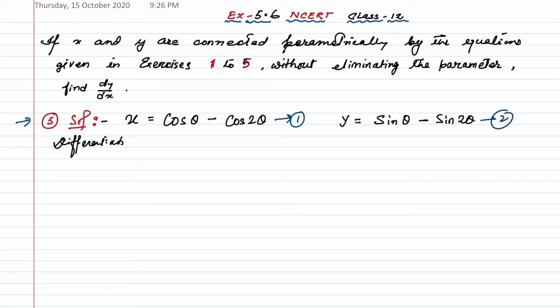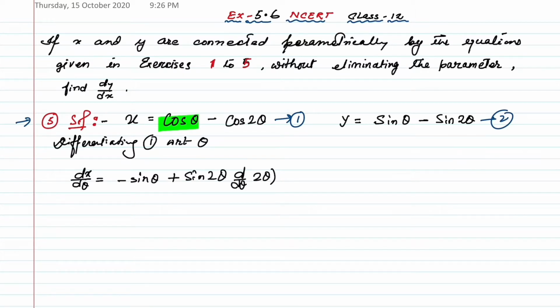Differentiating 1 with respect to theta, dx by d theta is equal to the derivative of cos theta, which is minus sin theta, and the derivative of cos 2 theta, which is minus sin 2 theta, so here minus minus plus sin 2 theta, then again we need to find the derivative of 2 theta, which is going to be 2. So we can write 2 sine 2 theta minus sine theta.